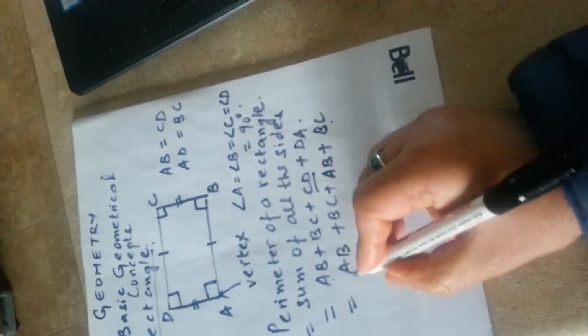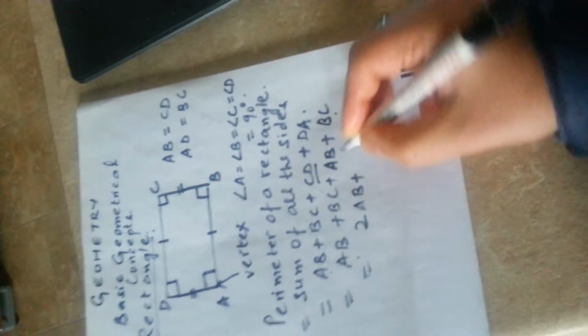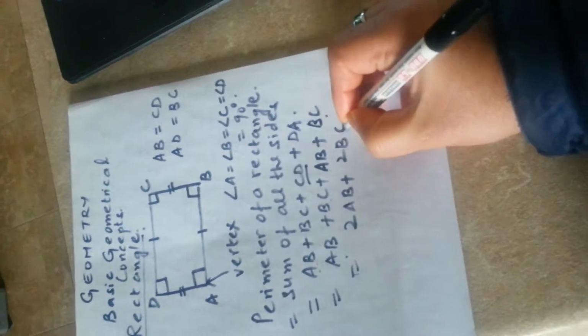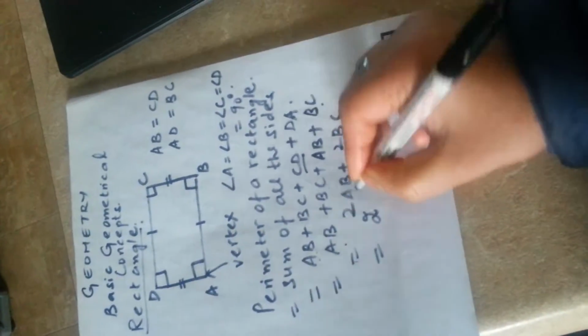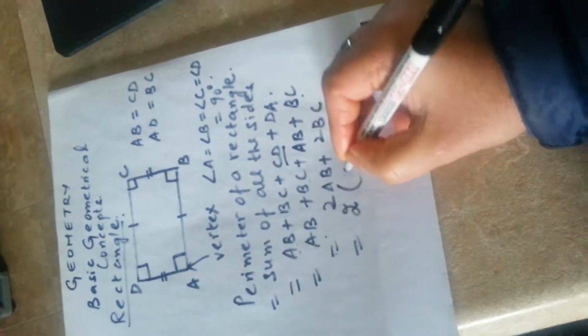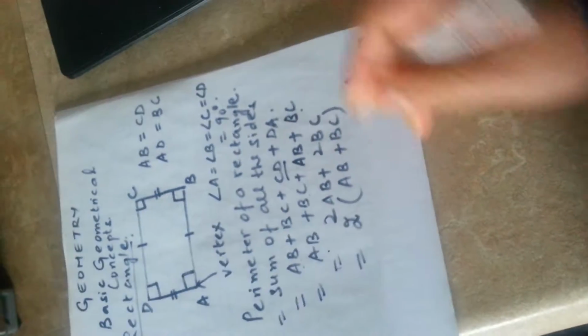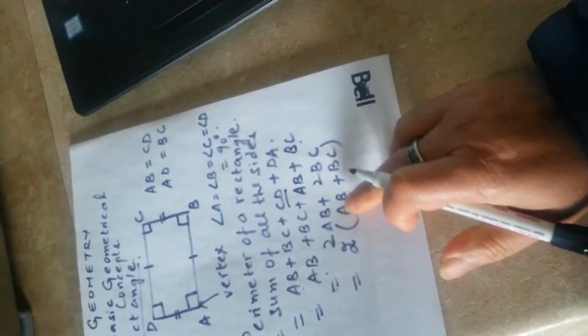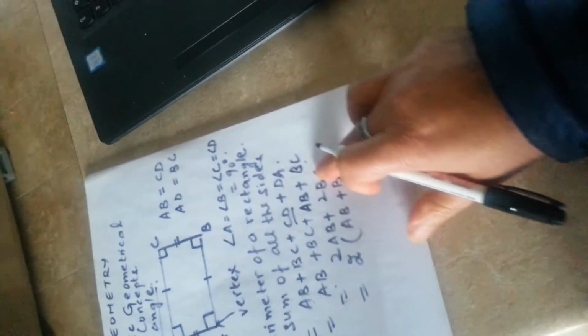So AB plus AB is 2AB. BC plus BC is 2BC. If I take 2 as a common factor out of these two, then I'm left with AB plus BC, because 2 multiplied by AB is 2AB plus 2 multiplied by BC is 2BC.